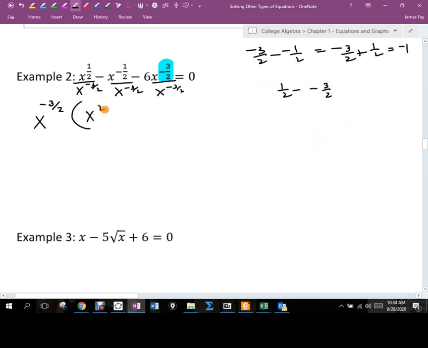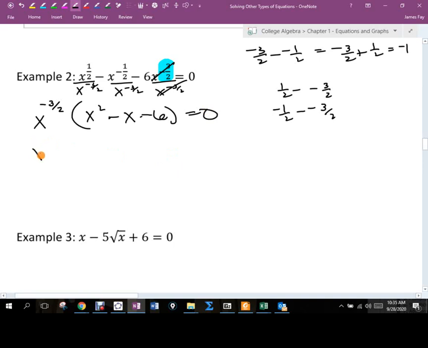So I get x squared. I get negative 1/2 minus negative 3/2, so it's negative 1/2 plus 3/2. So it should give me minus 1x, right? And then the last one, these cancel one to one, leaves me minus 6. You see how that is much cleaner than the alternative options.